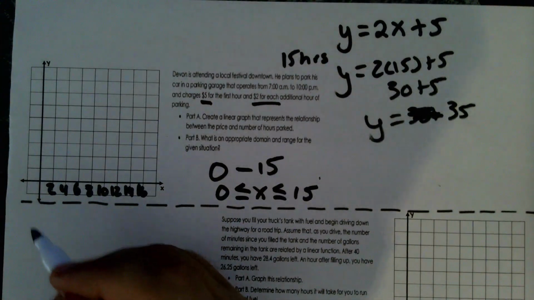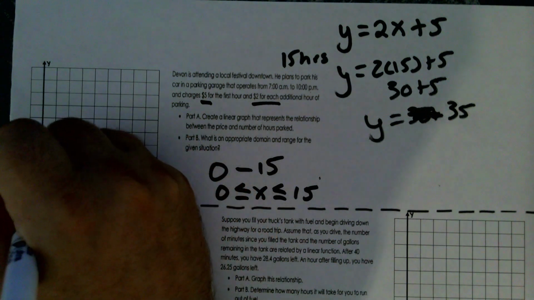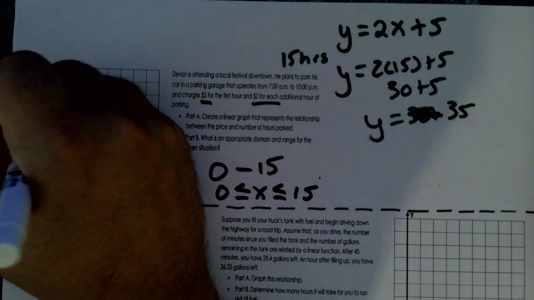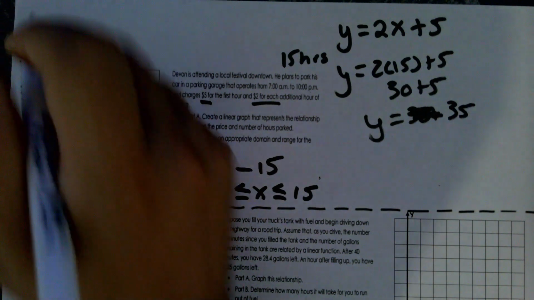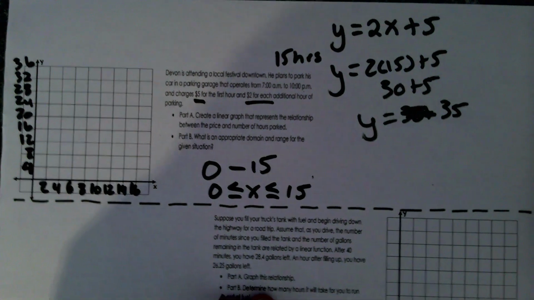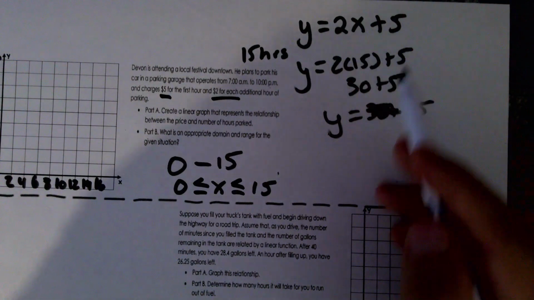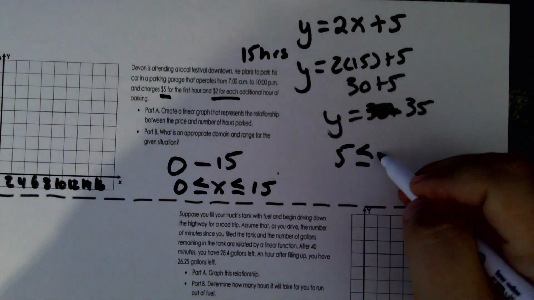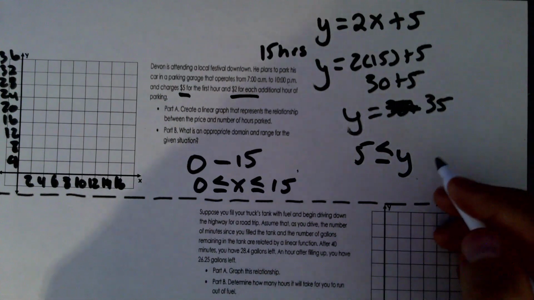So an interval every 4: $4, 8, 12, 16, 20, 24, 28, 32, 36. Okay. So he started off at $5, and we use y to represent our y-axis, and he went all the way up to 35.